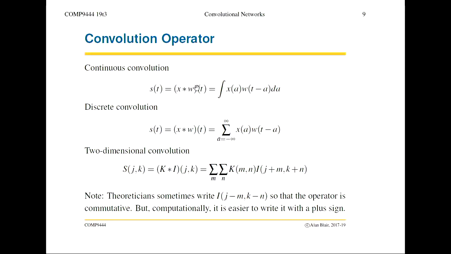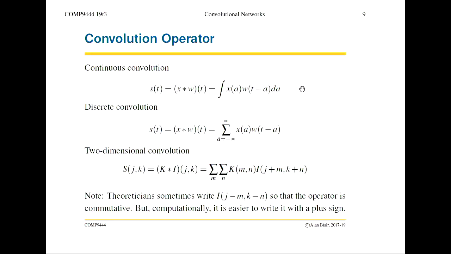So when we convolve 2 functions, we take the integral of x(a) times w(t minus a) da. There's always this minus here. But in neural networks, we tend to use a plus instead of a minus. Now, the reason mathematicians and physicists like the minus sign is because it makes the convolution commutative. The convolution of x with w is the same as the convolution of w with x.